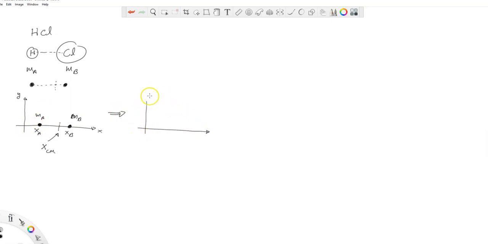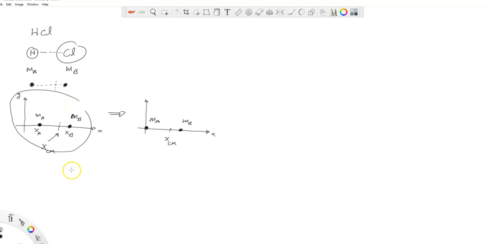If you place one of those masses right at the origin, MA is going to be here, MB is going to be here, and XCM is going to be here. So when we calculate XCM, we get the distance from the origin, and it's the same distance from mass A. So how do we find it? We'll do this later, but let's take a look at this general picture.